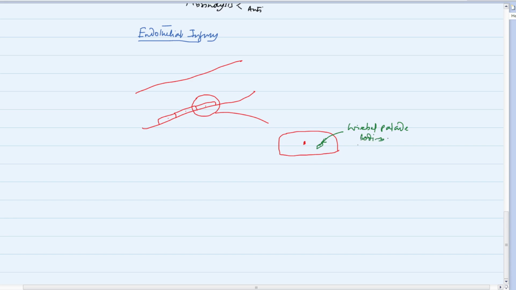These have a very interesting chemical within them, and that is the von Willebrand factor, a very important chemical that is released whenever this endothelial cell gets injured. So this is an endothelial cell, and let's say there is an injury to this cell.